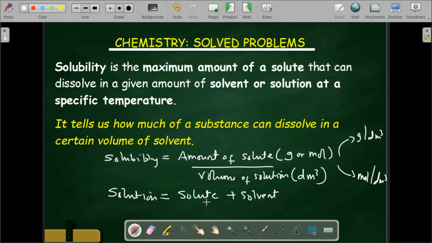Where the solvent contains less solute than it can normally dissolve, we say the solution is unsaturated. And where the solute is more than the solvent can dissolve, we say the solution is supersaturated.